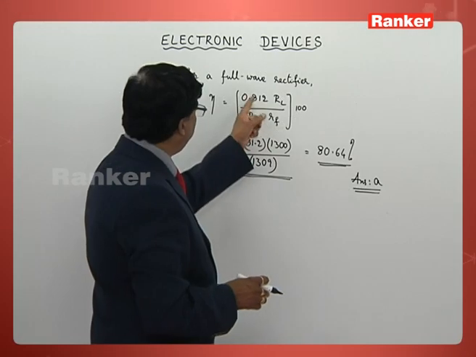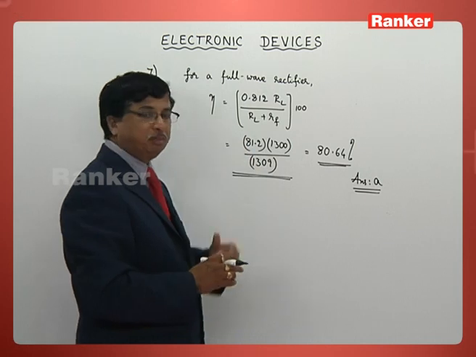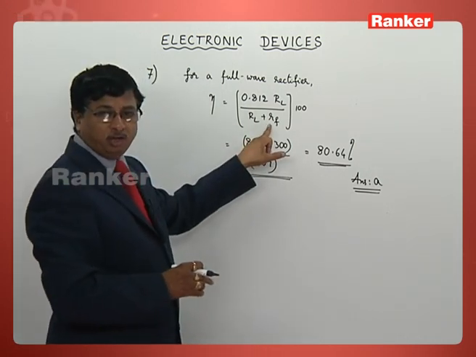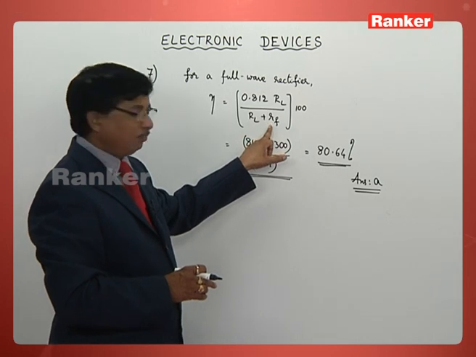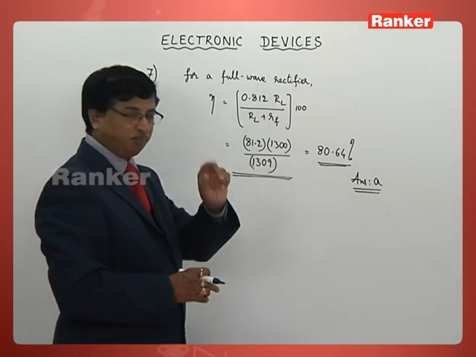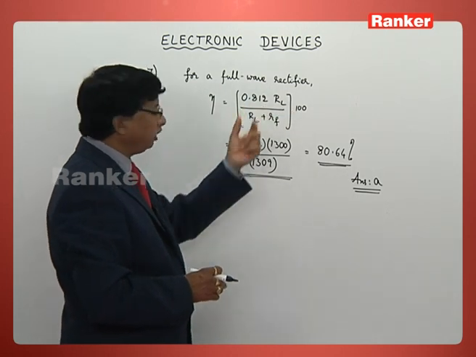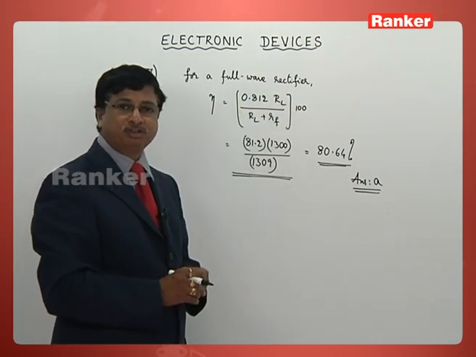Once again, you can understand one point from this particular formula, please. If you consider the diode as an ideal one, then RF will be 0, RL gets cancelled. The percentage now becomes 81.2%.